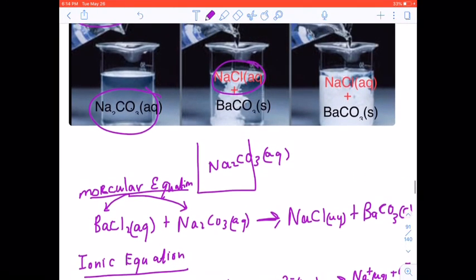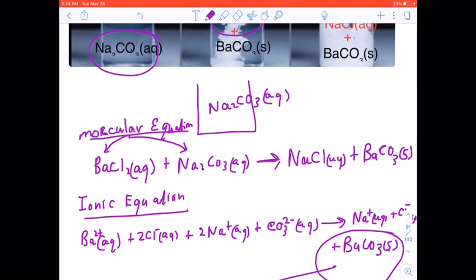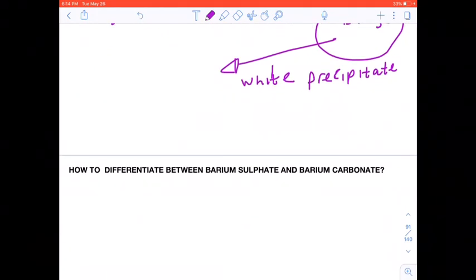Now the issue is, is it a carbonate in the tap water or is it a sulfate in the tap water? How do we differentiate between barium sulfate and barium carbonate? Right.